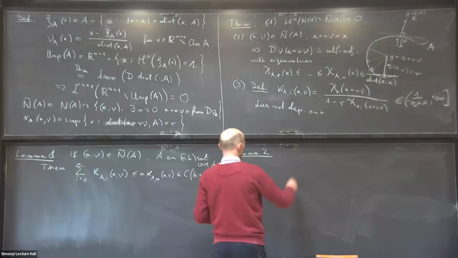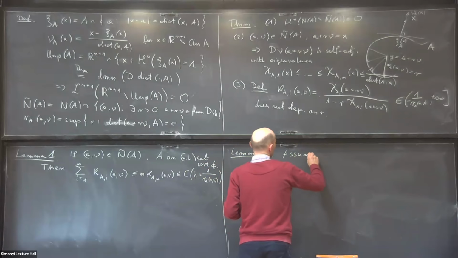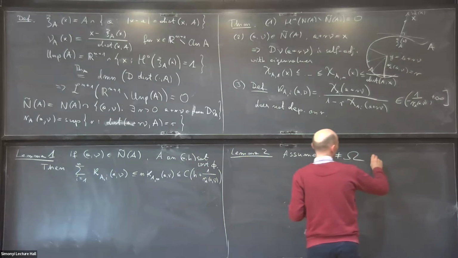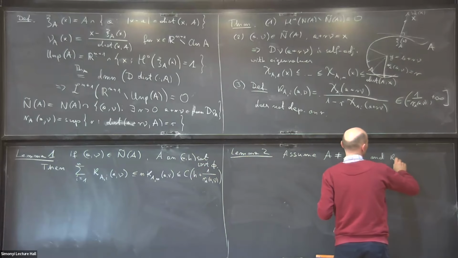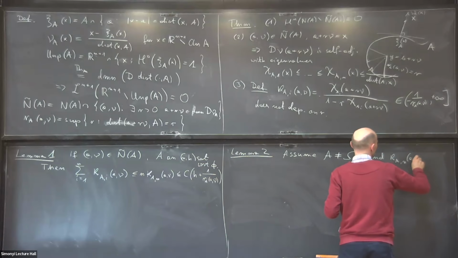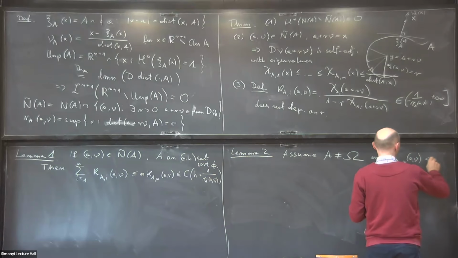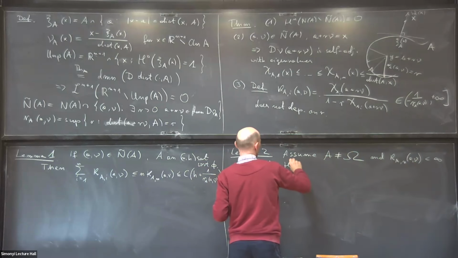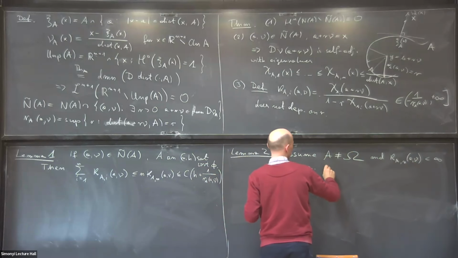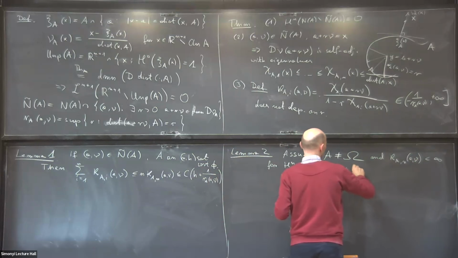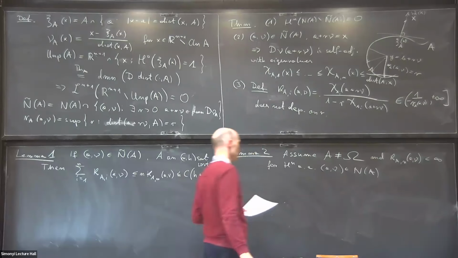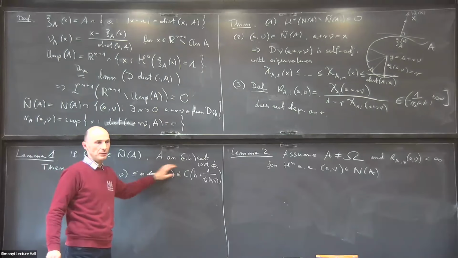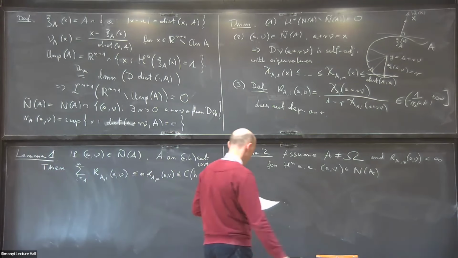So assume A is not the whole set omega, and all the principal curvatures are finite for almost all points, all A mu. Assume that you have this, which will be the case in case A is an LH set by lemma 1.